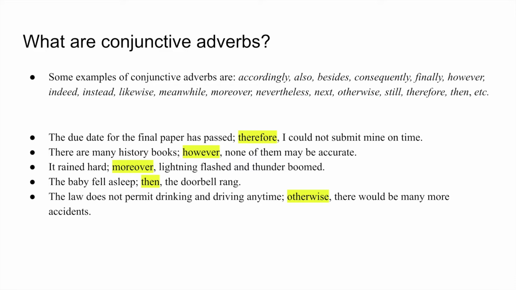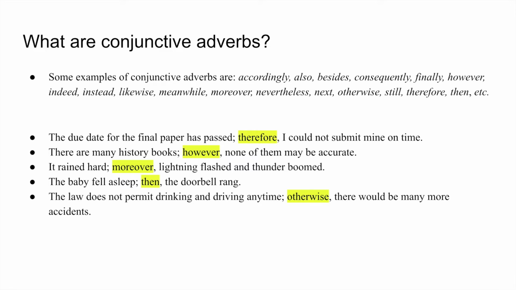Now the second example reads, there are many history books, however, none of them may be accurate. So however here is the conjunctive adverb, and it shows another side to the argument, or another side to the point. At the beginning, we have a positive statement, right? There are many history books.